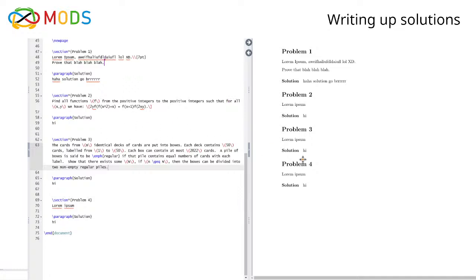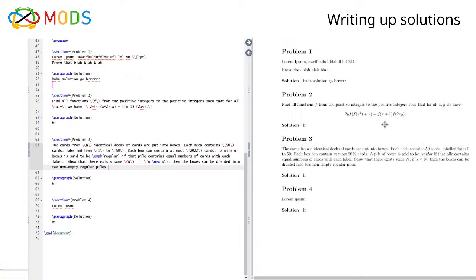Where's problem one? There's a 7 point here. Oh, never mind. That's just the size of the gap.